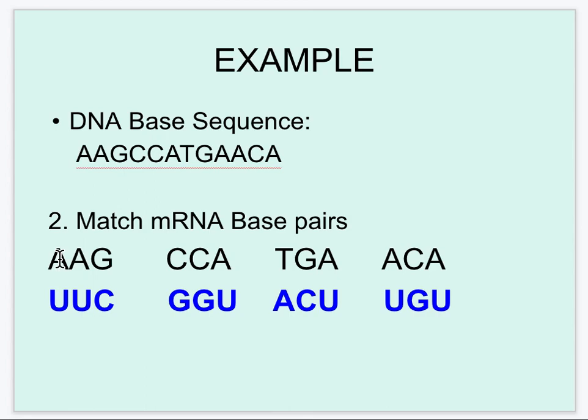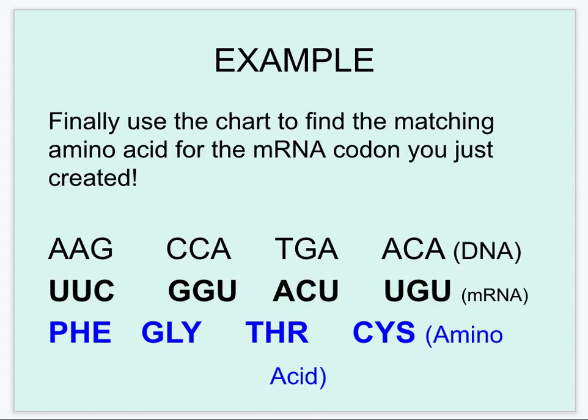So remember there's no T, so A is going to code with U, G codes with C, C codes with G, and so on, all the way through. And then you use the chart to find the matching amino acid for that mRNA codon you just created. So these are the abbreviations for the amino acids.